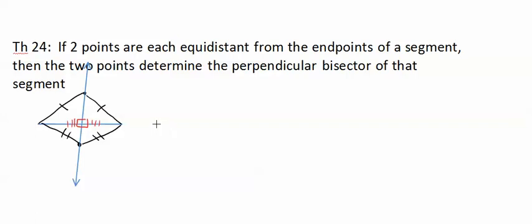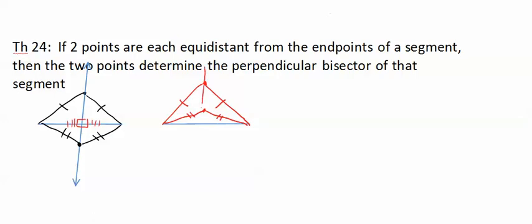Another would be, same situation, you have a line segment, you have 1 point which is equidistant. Pretend that these are congruent to the endpoints of the segment, but it could also be in here, where these segments are congruent.